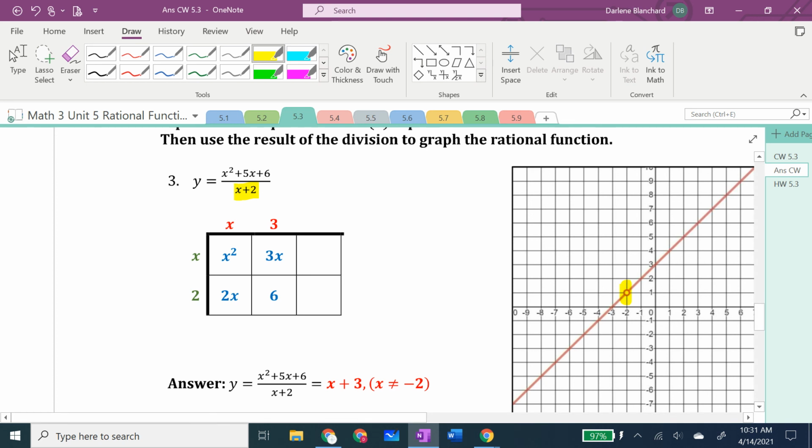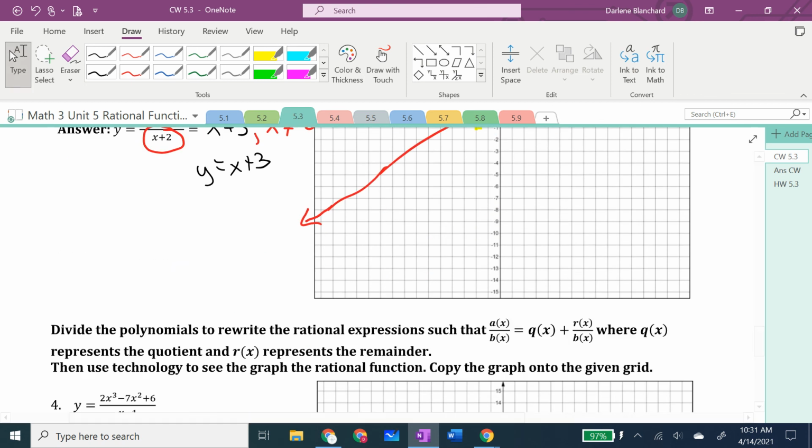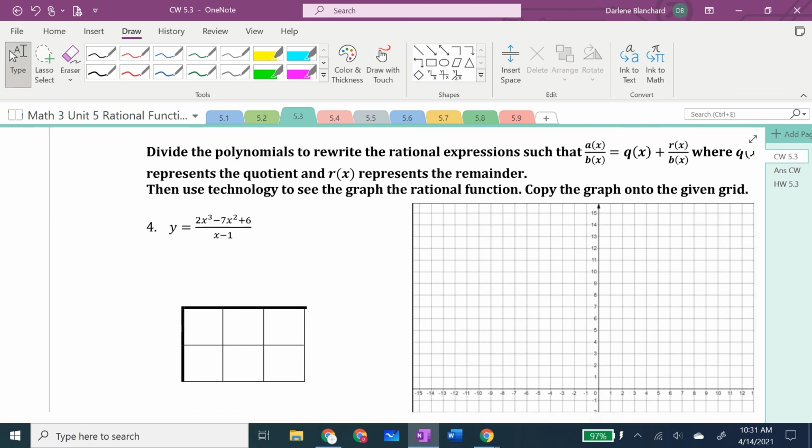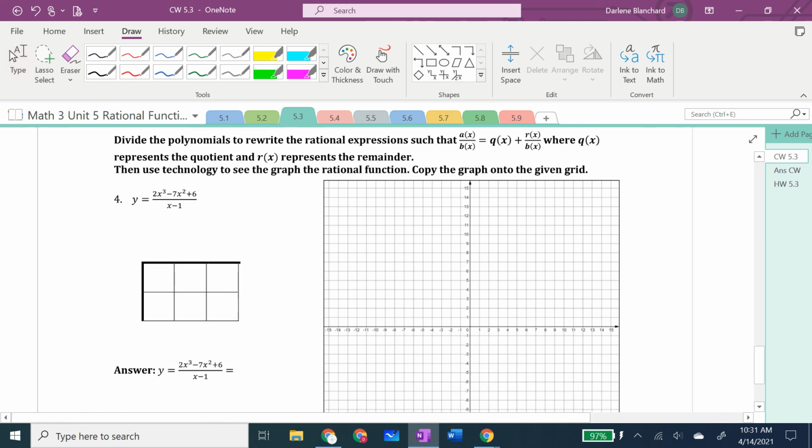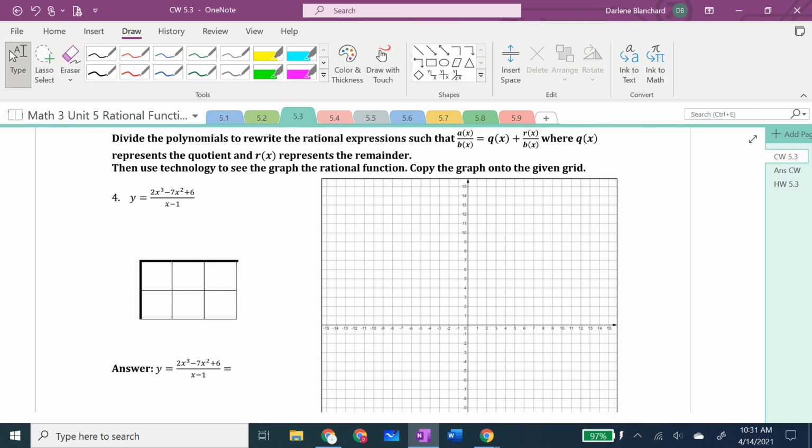Now, I want to warn you before we start number 4 that this is going to be something that I'm not going to expect you to be able to graph on your own. But I'm going to kind of talk you through what you see.